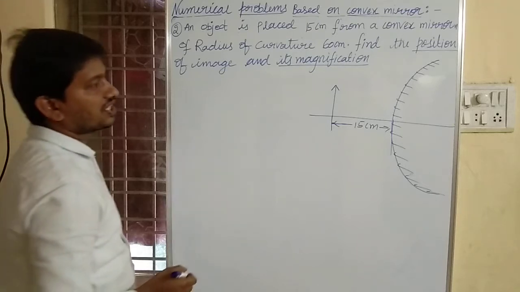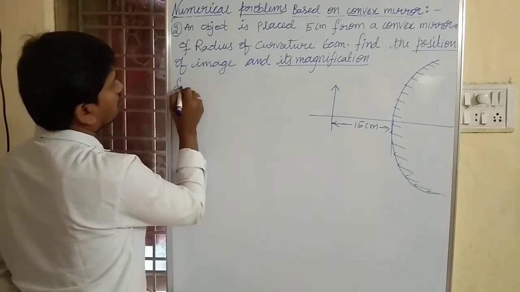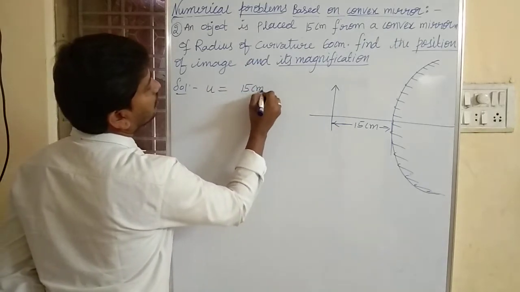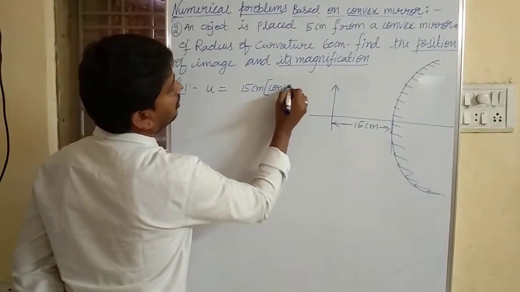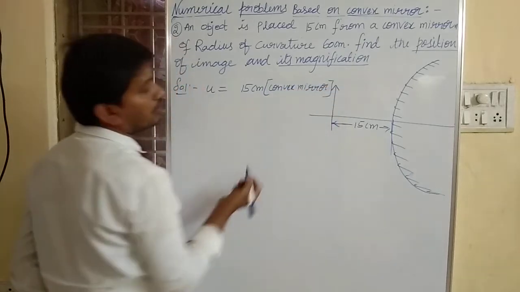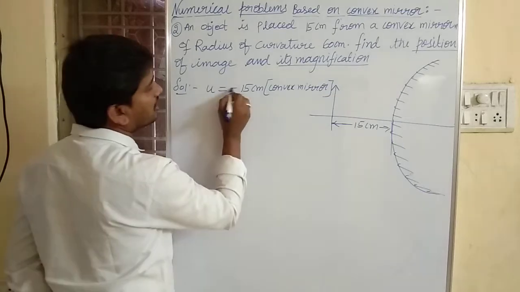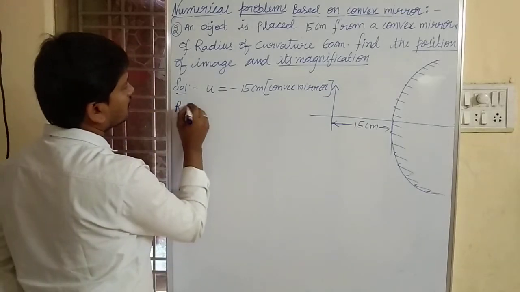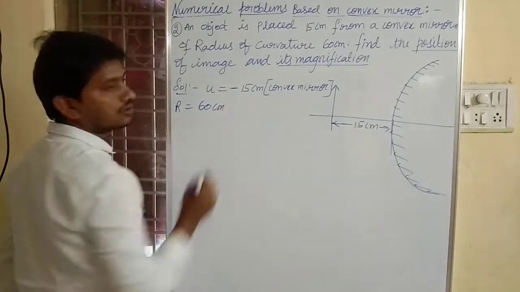So given object distance u equal to 15 cm. For either concave or convex mirror, object distance will be negative only. And the radius of curvature is 60 cm.